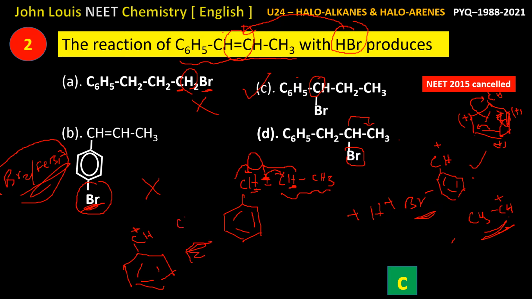You will get CH3, CH positive ion. So out of these two, this benzyl carbocation is more stable than this ethyl carbocation. Why? Because this benzyl carbocation is stabilized by resonance. Therefore, this route only will take place for the substitution reaction here. Therefore, option C is the correct one. Hope you understood.